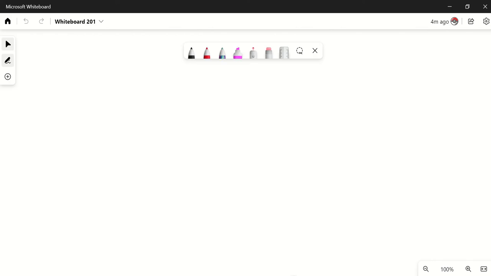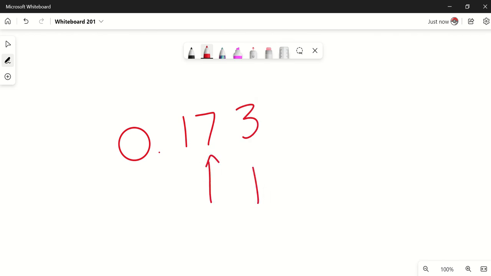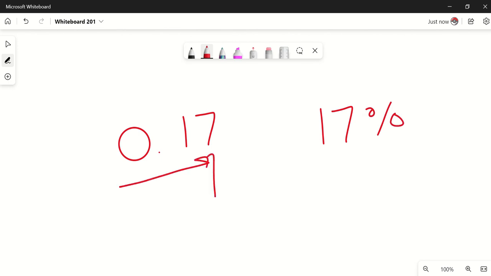If a decimal has more than two digits, instead of being in the hundredths place, it's in the thousandths place. This number will tell you whether to round up or down. In this case, the 3 will tell us to round down, so we just chop off. This will be 0.17, aka 17%. 17 hundredths, 17%, because percentages are always out of 100.